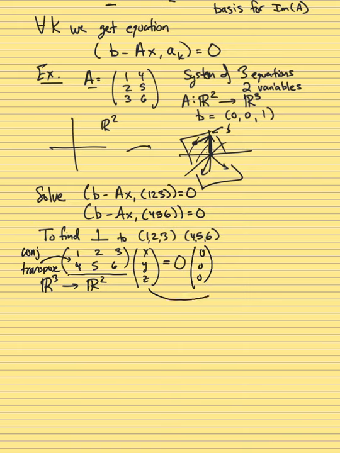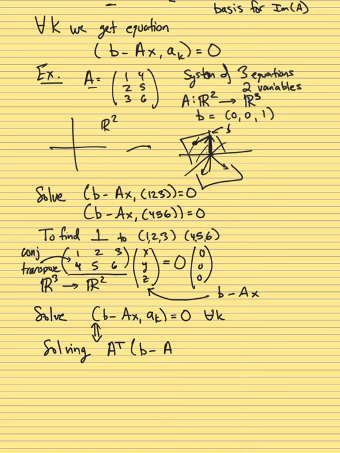So now, here for x, y, z, you're looking at B minus AX. You want to solve the inner product of B minus AX with AK equal to 0 for all k. This is equivalent to solving A transpose of (B minus AX) is equal to 0, and again this would be the conjugate transpose if you were working in the complex case.